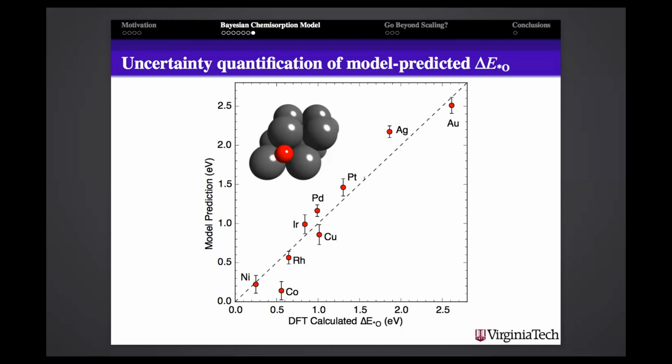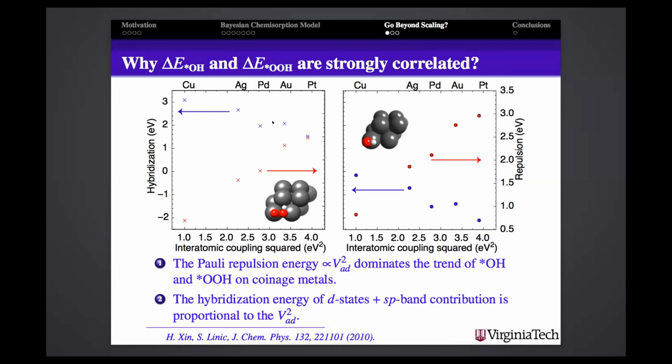So we can learn a lot from the physical model. Sorry, this is the basic slide. The question we are trying to answer is why the OH and OOH are strongly correlated. If you look at the left graph, this shows the OH adsorbed on these five metal surfaces. The blue points represent the hybridization energies, including the interaction with the sp states and also the localized d states.